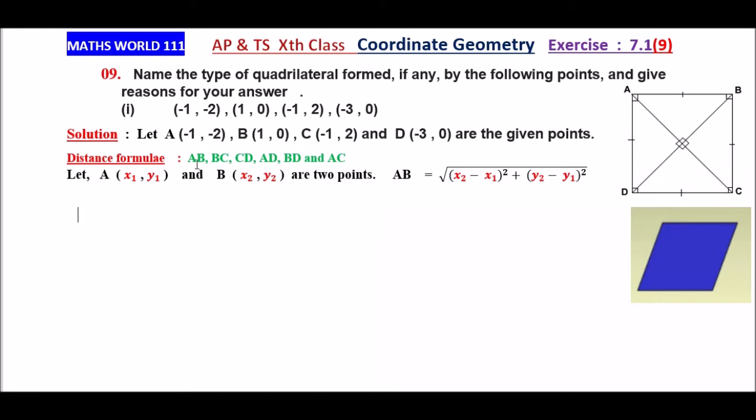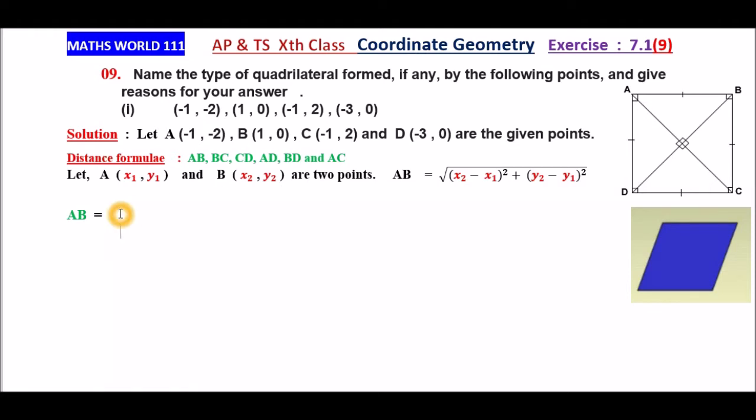Okay. Now start finding first AB. So AB is nothing but the distance between the points A and B. Here A (-1, -2). So x1 is equal to -1, y1 is equal to -2. B is (1, 0). So x2 is equal to 1 and y2 is equal to 0.